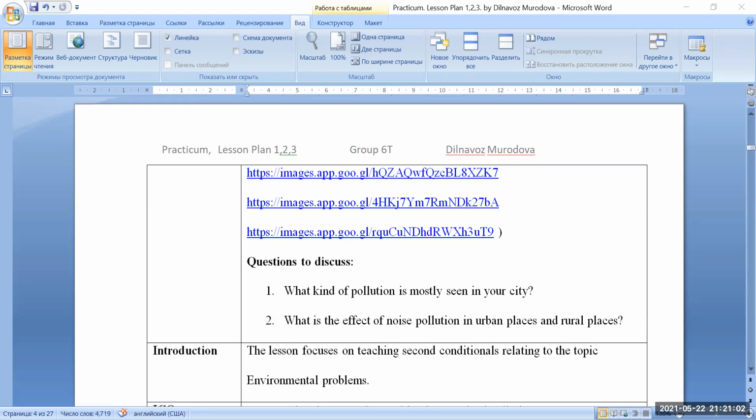That's why it has more noise pollution than the countryside, I think. Yeah, you're absolutely right. We can enjoy the tranquility of the countryside. In most cases, people from cities try to go to the countryside just to get rid of the noise in the cities. This is the effect of noise pollution.